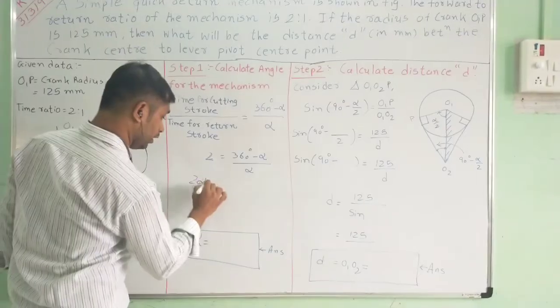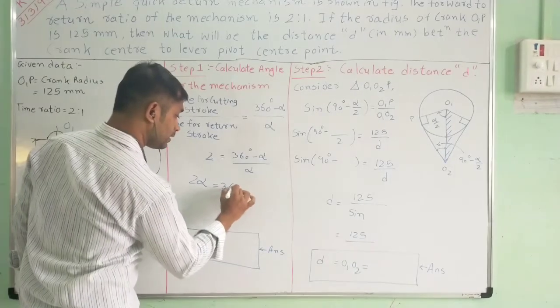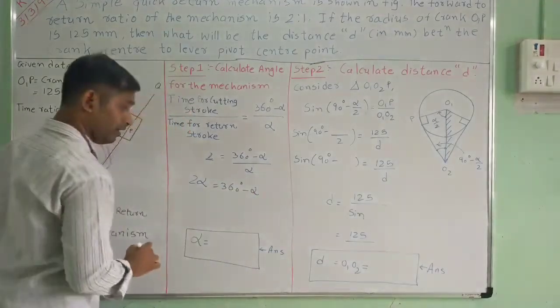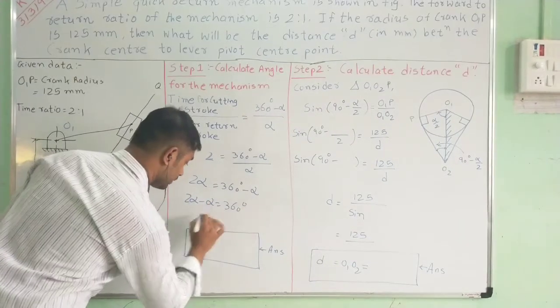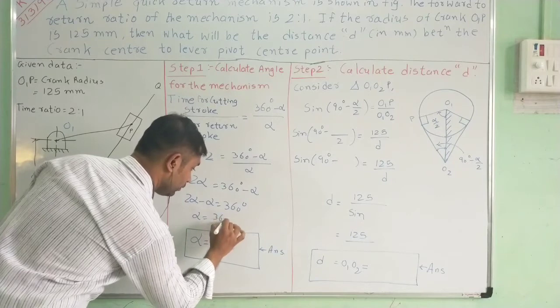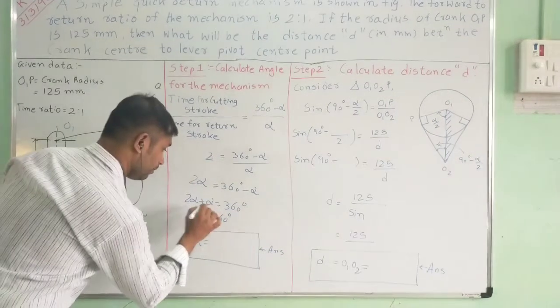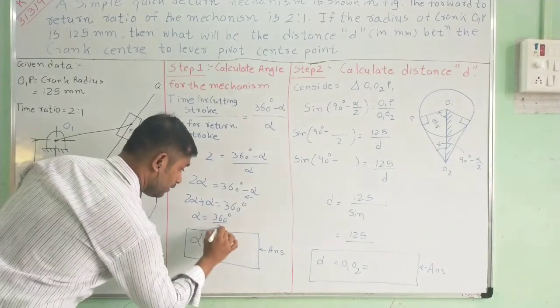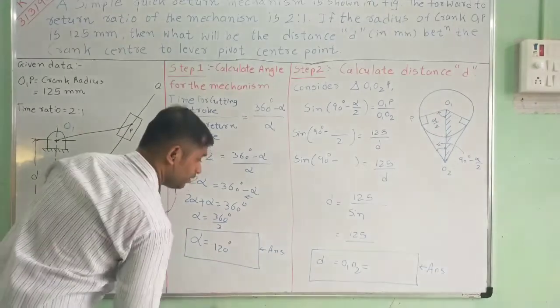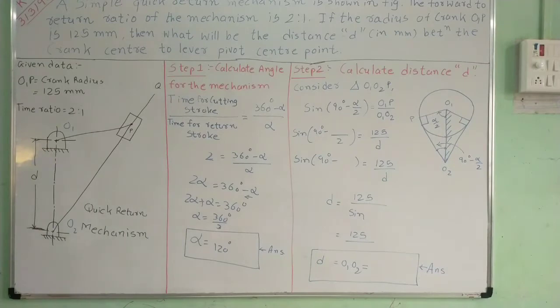So we solve the problem: twice alpha equals 360 degrees minus alpha. So twice alpha plus alpha, 3 alpha equals 360. So the answer is alpha equals 120 degrees.